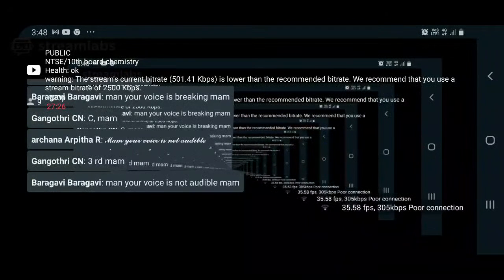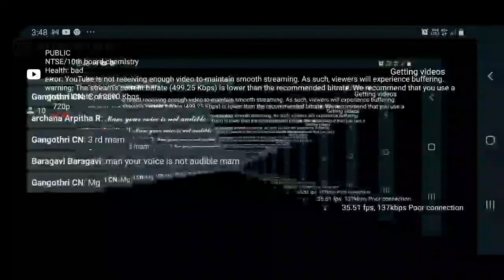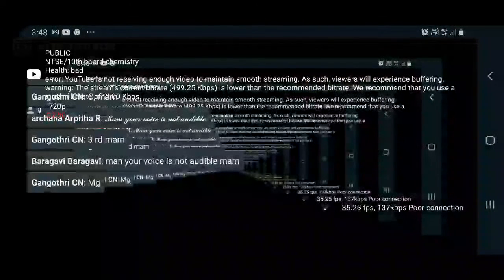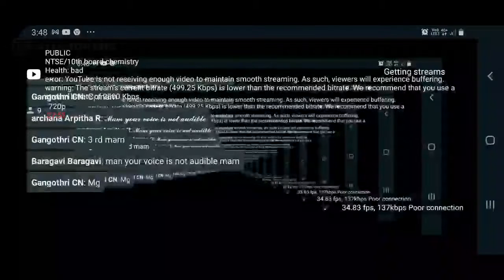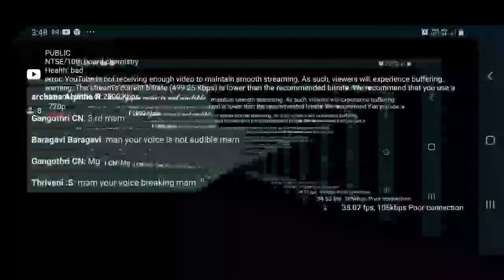Those who can't hear clearly, they can review this live session once again. Okay, now I'll give the answer. Calcium combines with water to form calcium hydroxide, and that forms a basic oxide, and that basic oxide always turns colorless phenolphthalein solution into pink.